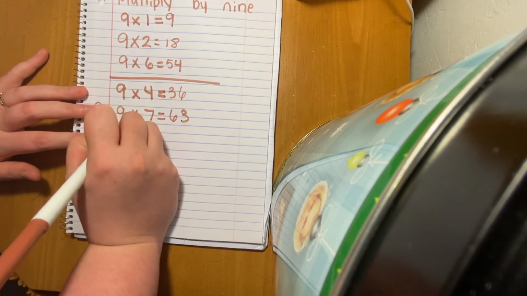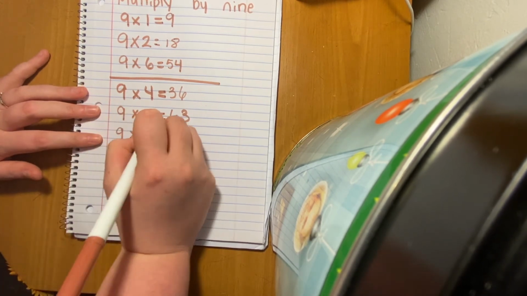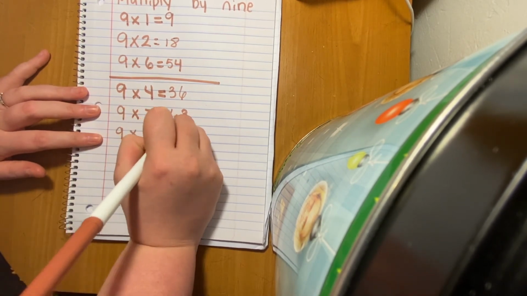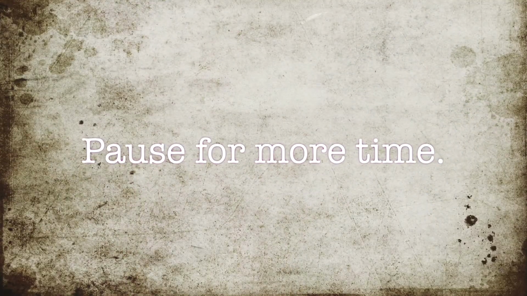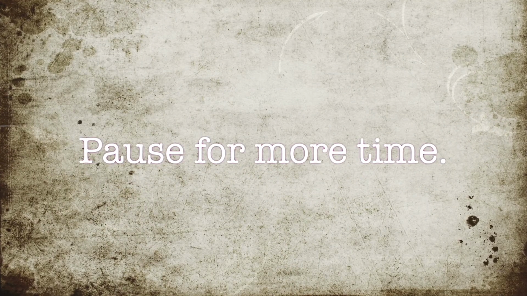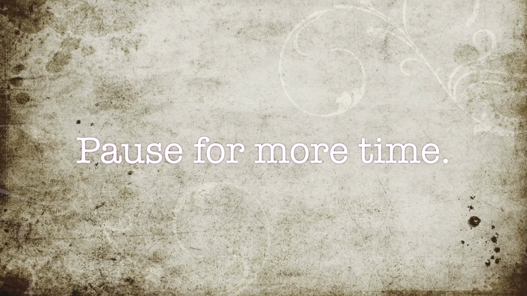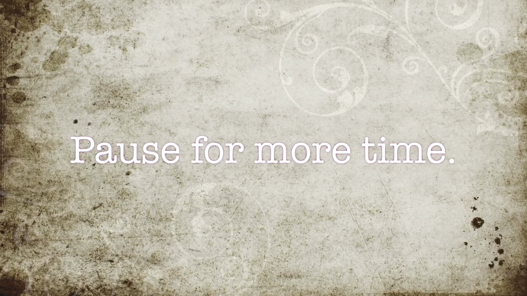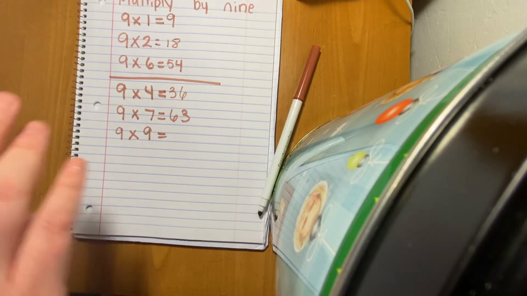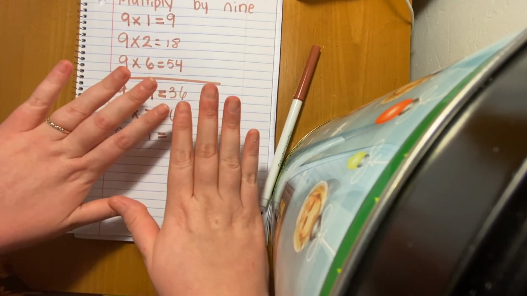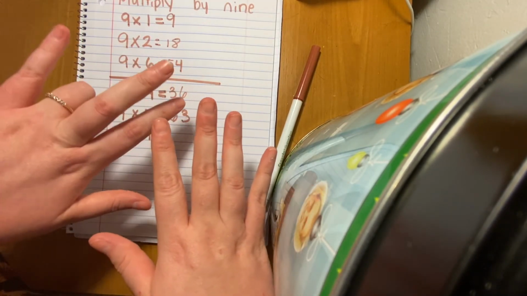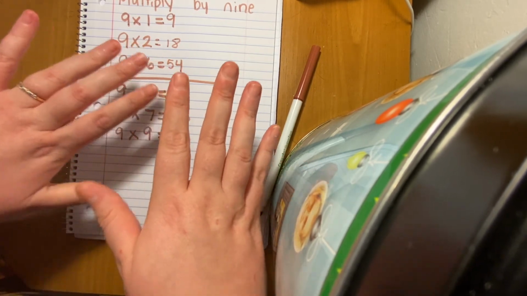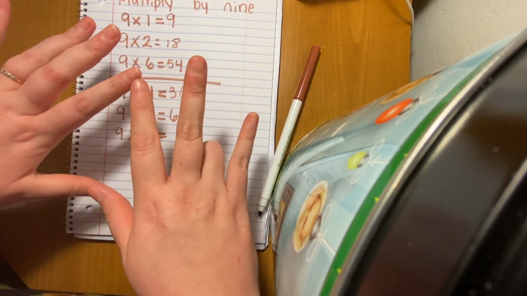And let's do 9 multiplied by 9. Okay. So 9 multiplied by 9, we're going to count over 9. 1, 2, 3, 4, 5, 6, 7, 8, 9.